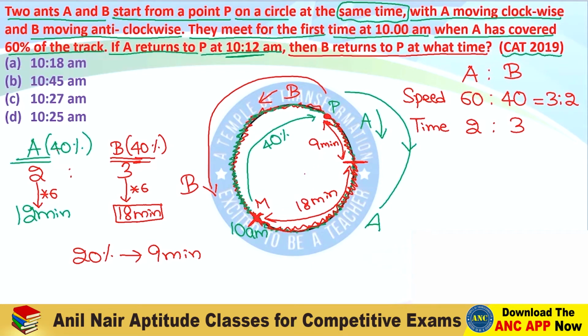From 10 o'clock, if it takes 27 minutes, B will reach point P exactly at 10:27 a.m., which is option C. Beautiful question. No variables, no formula, nothing. Extremely conceptual way of problem solving. You should be very careful in understanding whatever we are trying to solve in all these kinds of questions.